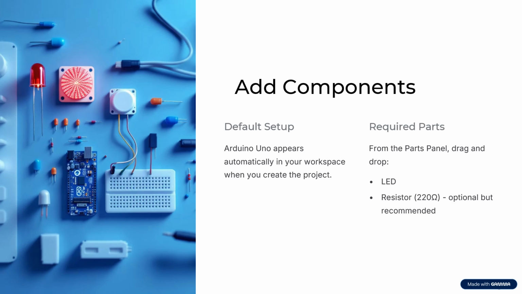It is just a drag and drop method which we are going to use to place the components in the workspace. Apart from the Arduino board, you need an LED and a resistor, which are the required parts to make an LED blink.